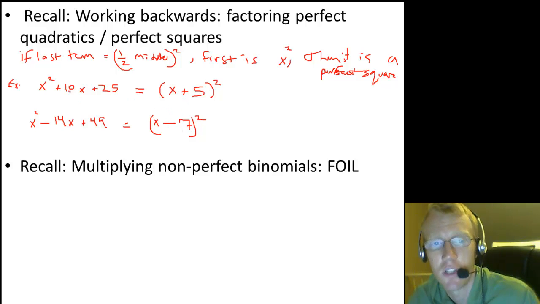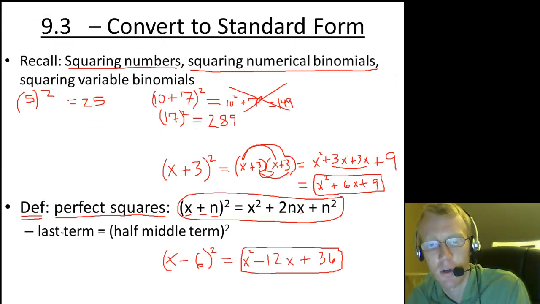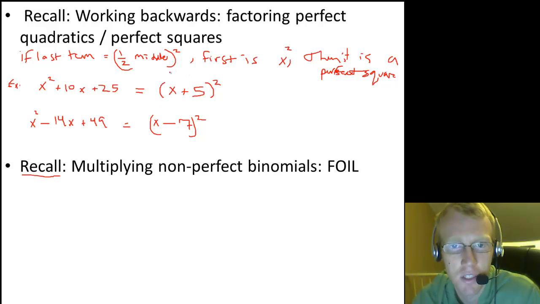And that's really helpful when you're converting to vertex form, which we'll talk about in the future. But for now, I just put this in this section because it correlates with this definition of what a perfect square is. So we're going to do a lot more with factoring in the next lesson, but good to keep this in the back of your mind.